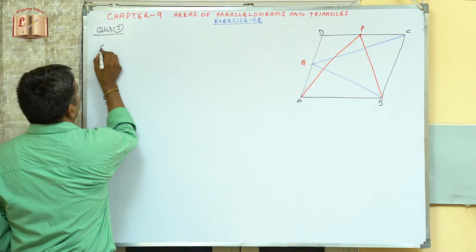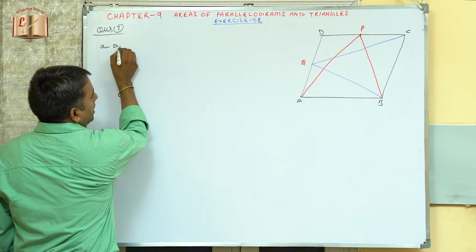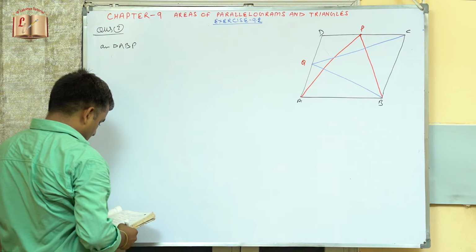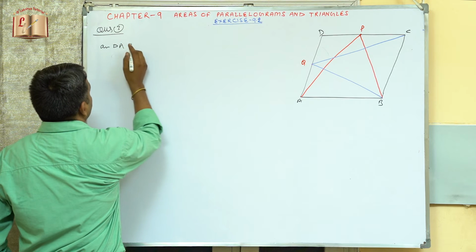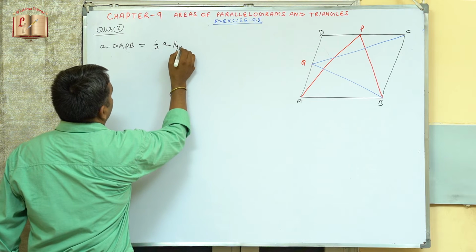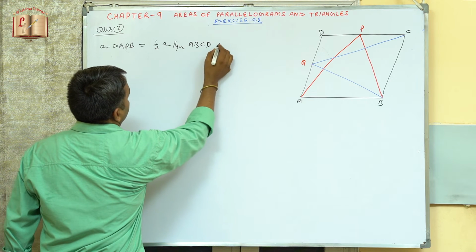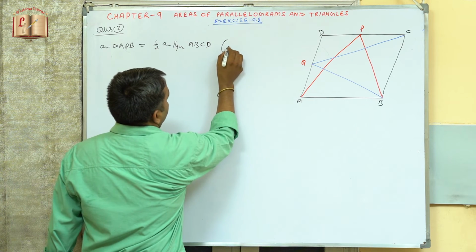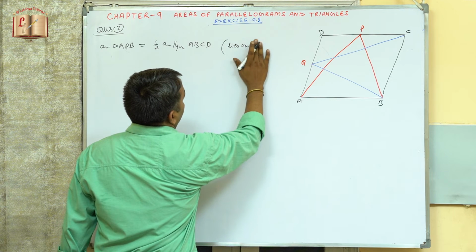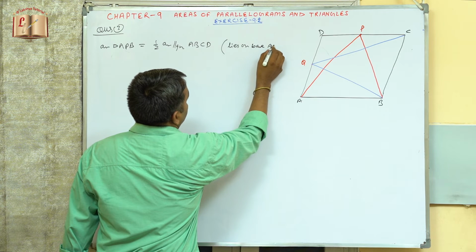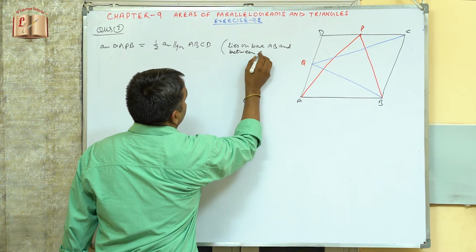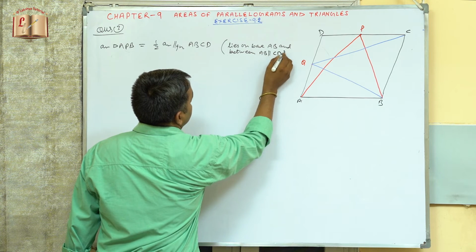Now see that area of triangle APB is equal to half of area of parallelogram ABCD, because they lie on base AB and between AB parallel CD.